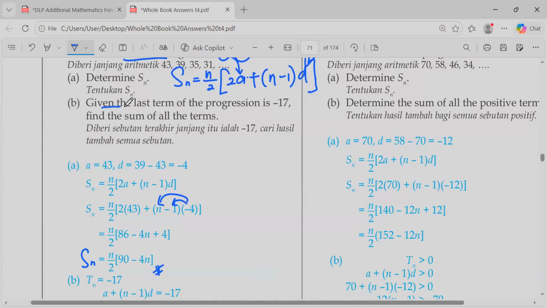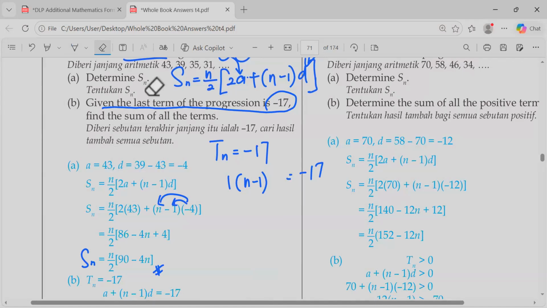Okay, so given the last term of the progression, I'm not sure of n, but I know the last term is negative 17. So I have the formula for the last term. After that, I substitute the d and the a. a is 43, d is -4.